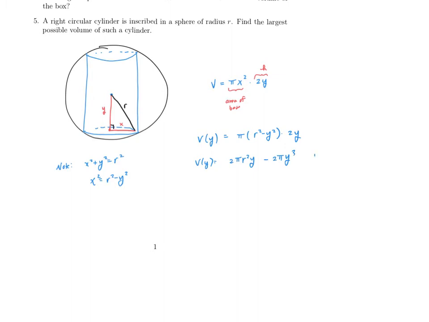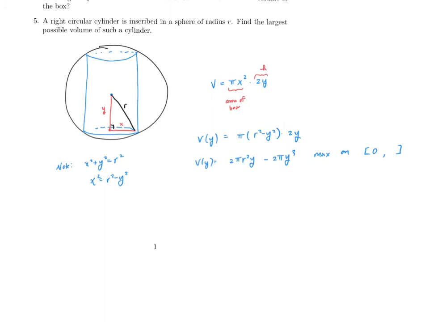And we want to maximize this on what interval? The thing for us to note is if you look at our y value in our picture, the smallest it could be, just in a physical sense, whether it makes sense or not, would be 0.